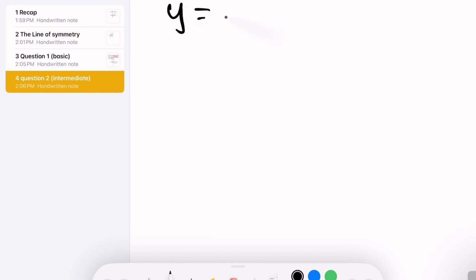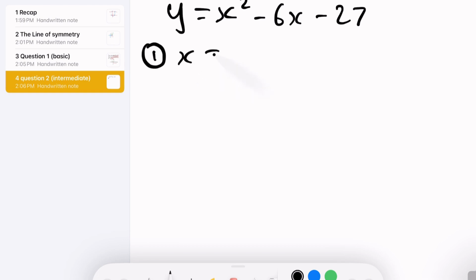For the next question, which is going to be a bit tougher, we have a quadratic equation of this form. So step number 1, we have to first find the roots or solutions, and for that we'll use the quadratic formula.